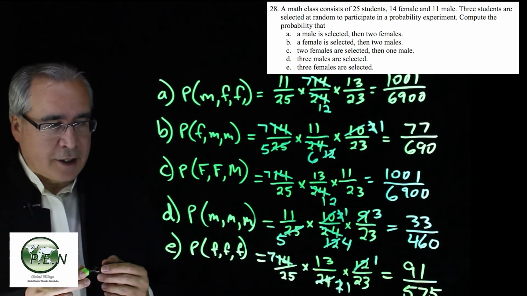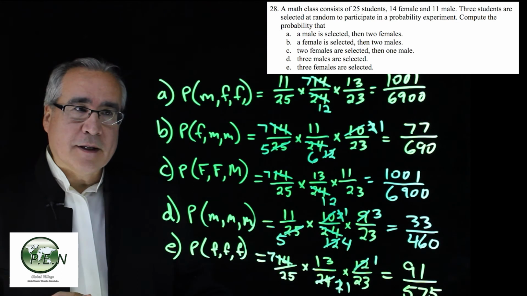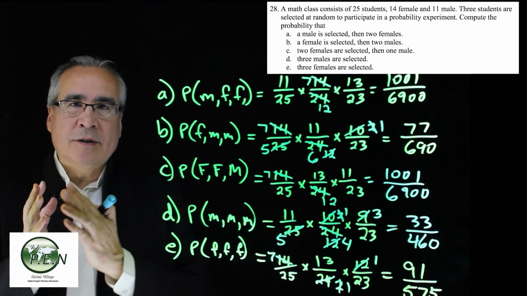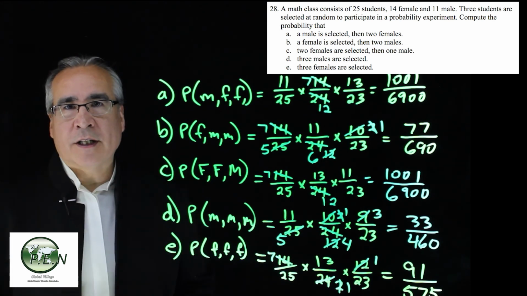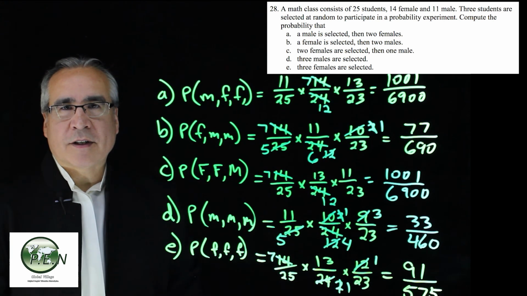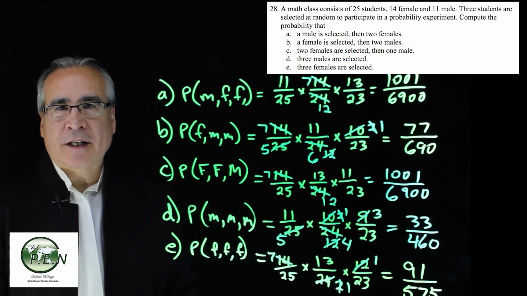So there's our probability for E. A lot of work, but again, it's just a matter of counting through. And as we select one student, the numbers change on us, so we just keep track of that. You'll see this is a theme that runs through the next few problems.